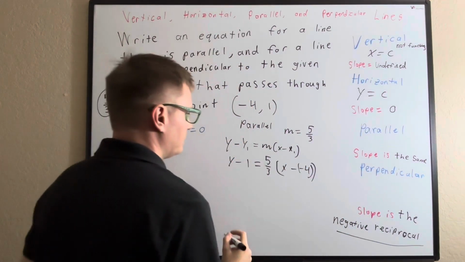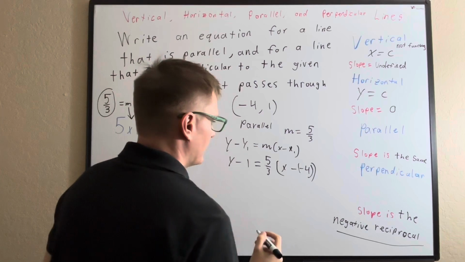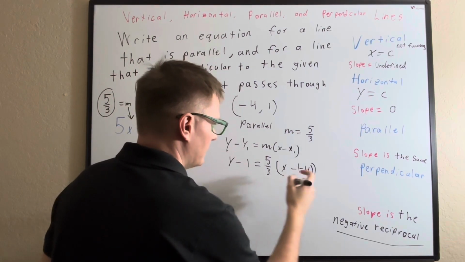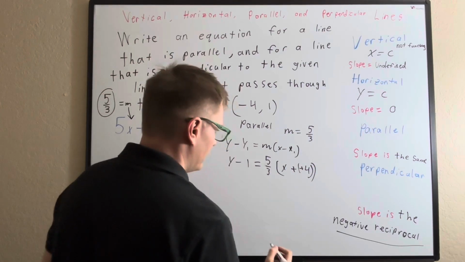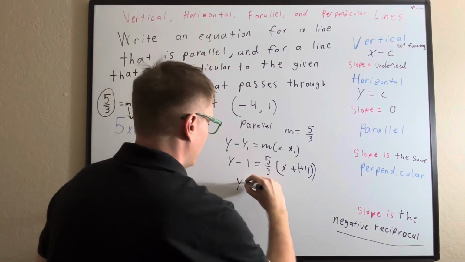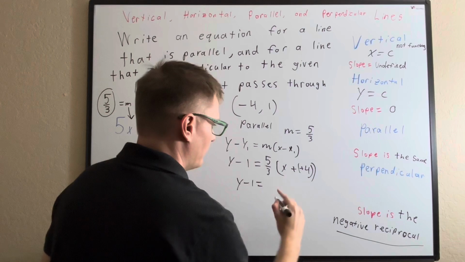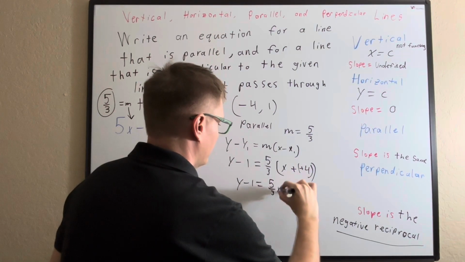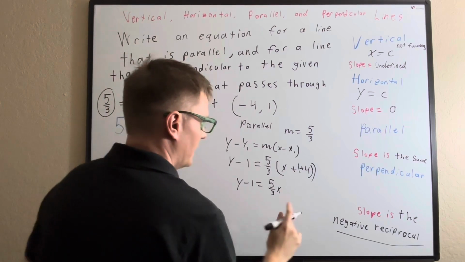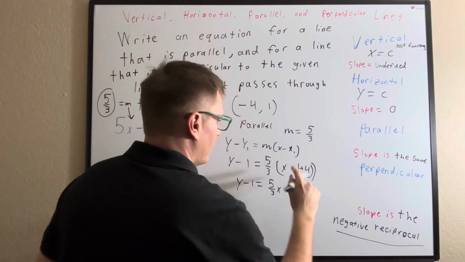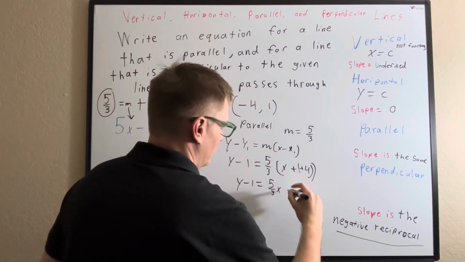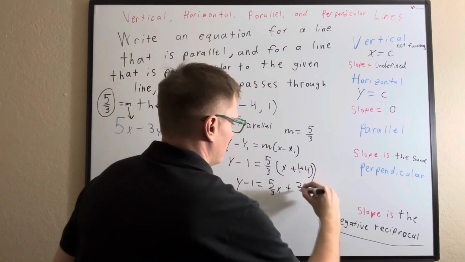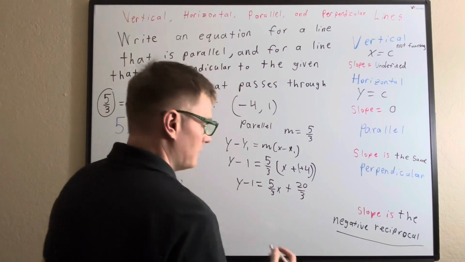Okay. Let's distribute this, and double negative makes positive, right? Leave that the same for now. 5/3 times x is 5/3 x. Good, our slope is the same, nothing's changed there. 5/3 times 4, well, 5 times 4 is 20/3. Okay.